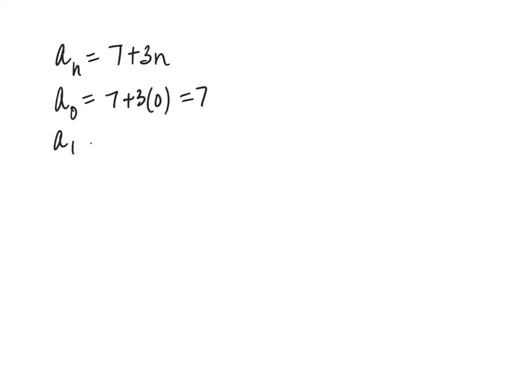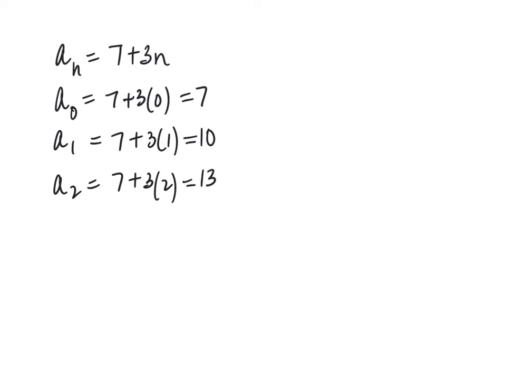A sub 1 would be 7 plus 3 times 1, or 10. A sub 2 would be 7 plus 3 times 2, which would be 13. And I can go anywhere I want. I can say, what's a sub 10? That would be 7 plus 3 times 10, or 37.